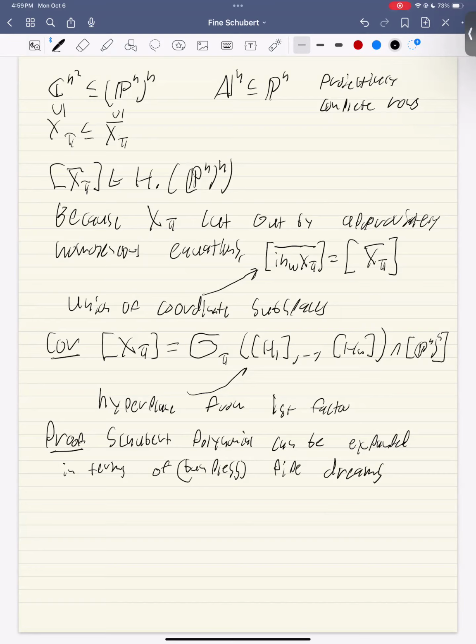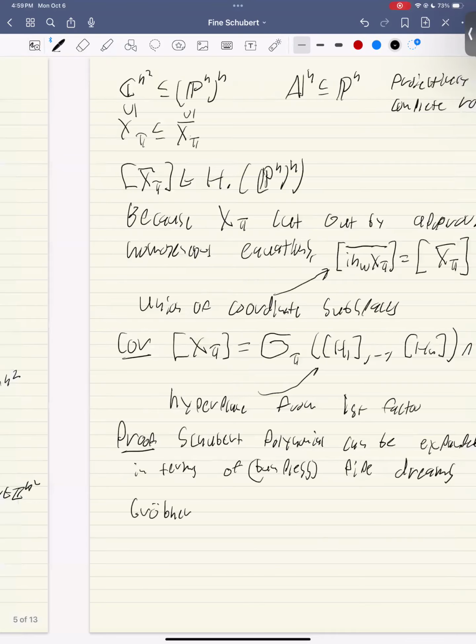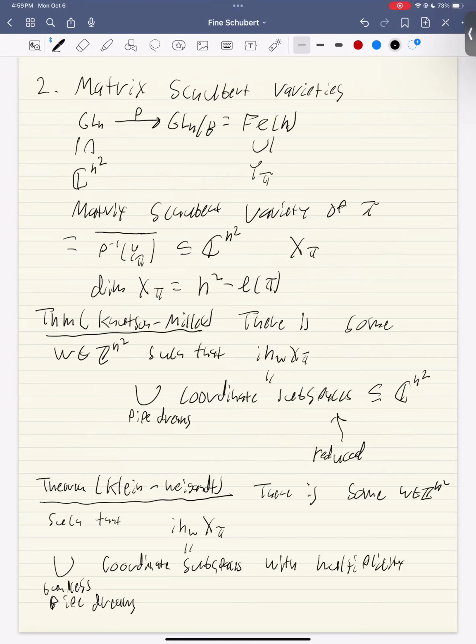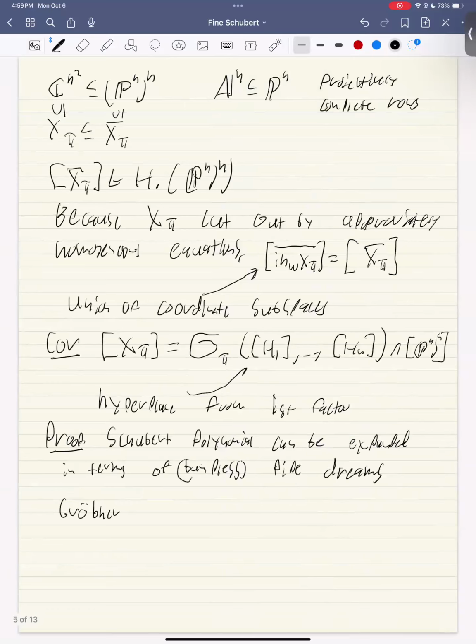Let me say that one upshot here is that in these two works, they proved something about algebra, about Groebner degenerations, and the way I'm presenting it, you can use that to deduce some topological information.